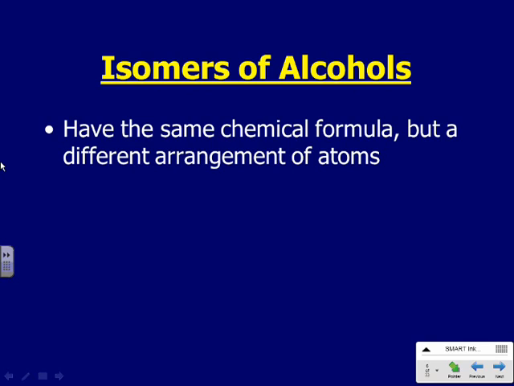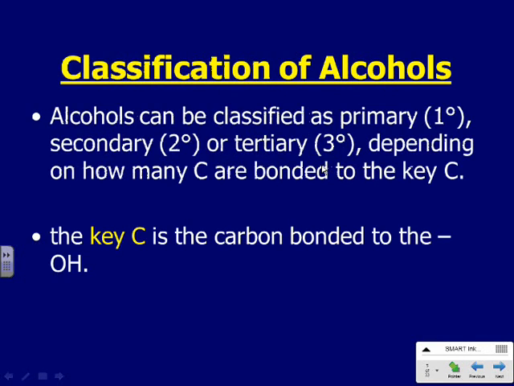Okay, now I want to talk about isomers of alcohol. Remember, isomers have the same chemical formula but have different arrangements of their atoms. And we're going to have to talk about the different classifications of these isomers. Now, this is something different than what we've seen so far concerning organic chemicals. And the reason for this has to do with the location of the OH on what we call the key carbon.